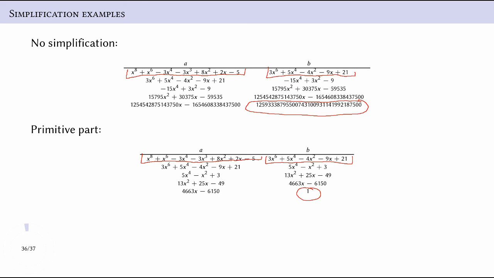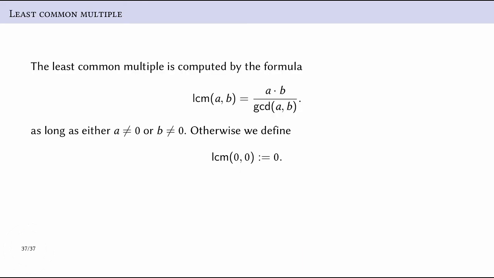So as you see, all the time we have very small coefficients, as small as possible. At most we have 4 digits. However, this costs us a lot because we have to compute lots of greatest common divisors of the coefficients in between.